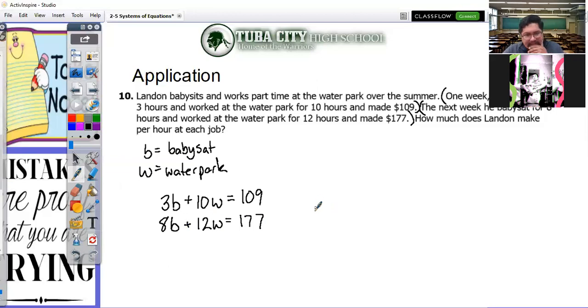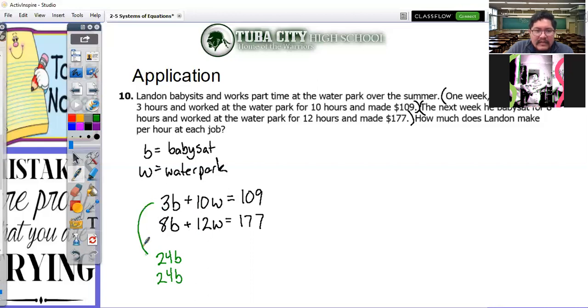It looks like we're going to have to get one of these to eliminate. I could make both W's equal 60, because I could times this by 6 and this one by 5 and get both W's to be 60, but I think the B's would be a little bit easier. I'd have to make them both 24B, and I'd also have to make one of them negative.